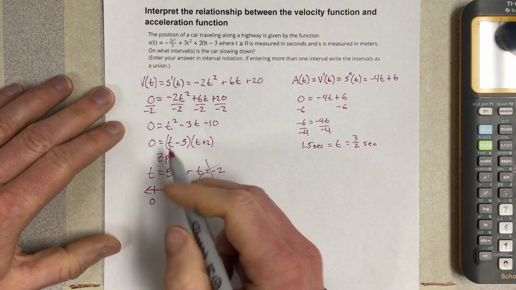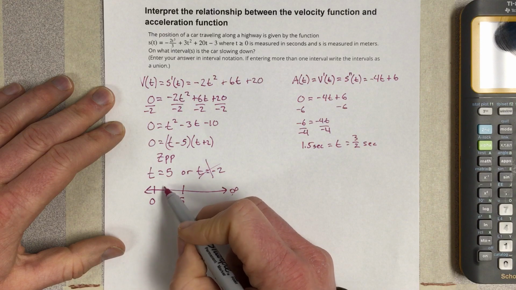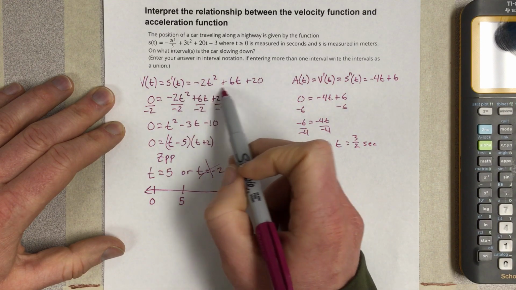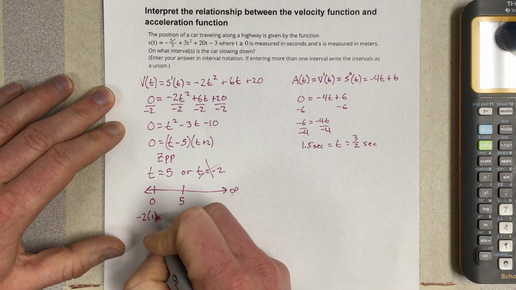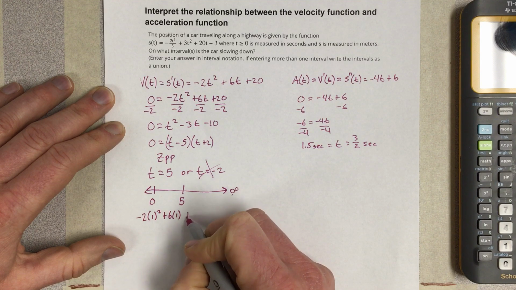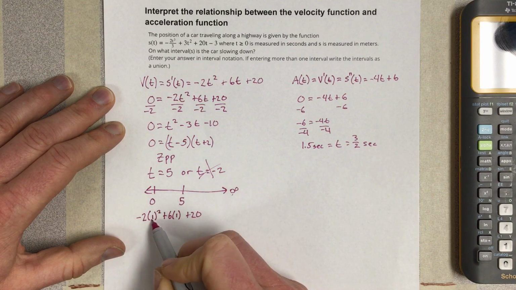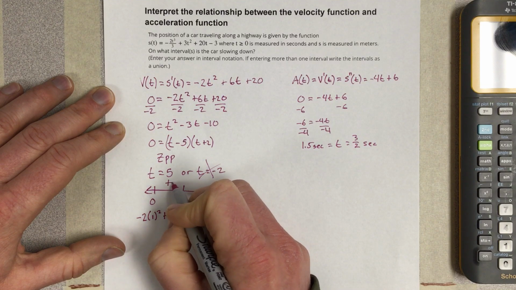Let's plug in a value of 1 to our velocity equation. I would get negative 2 times 1 squared plus 6 times 1 plus 20. Negative 2 times 1 squared is negative 2. We're getting a positive value here.